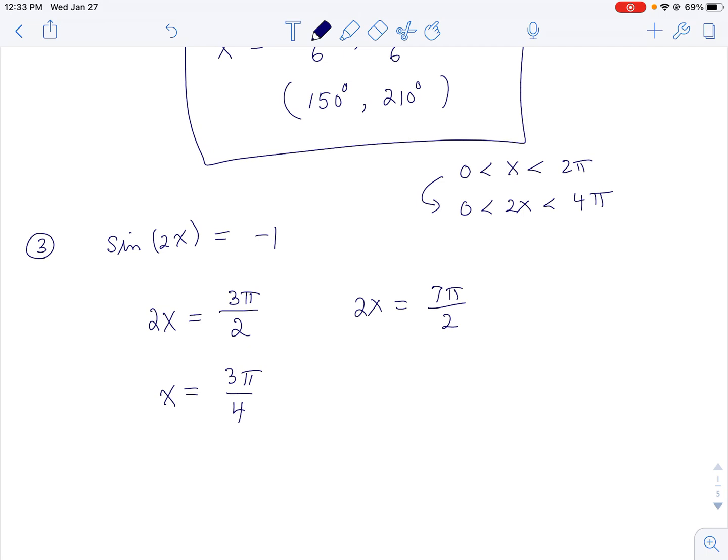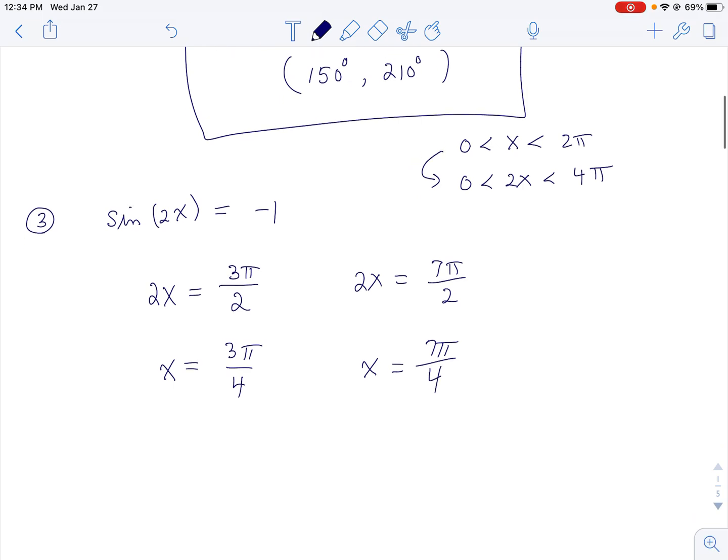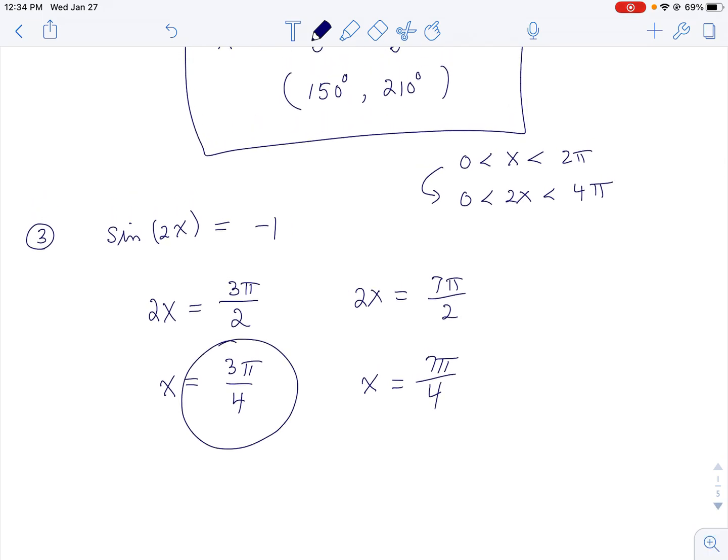If you think about it, it's a loop around the circle added to 3 pi over 2. So 3 pi over 2 plus another 2 pi is 7 pi over 2. So what I have on my paper is 2x equals 7 pi over 2. So x would be 7 pi over 4. So a little bit confusing, but your two solutions are 3 pi over 4 and 7 pi over 4.